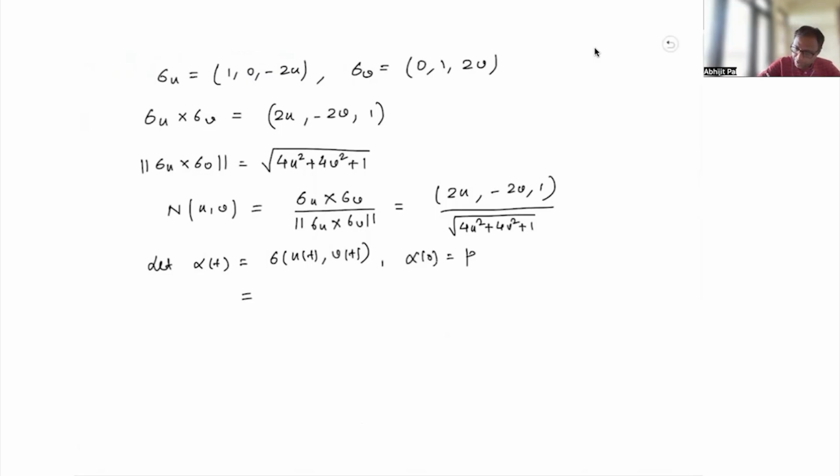So therefore, alpha(t) is equal to (u(t), v(t), v(t) square minus u(t) square).